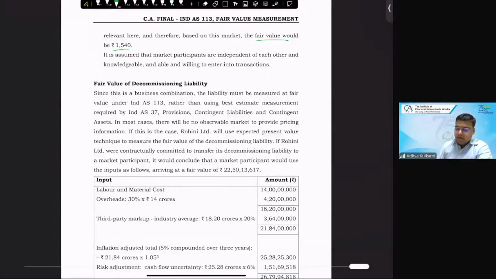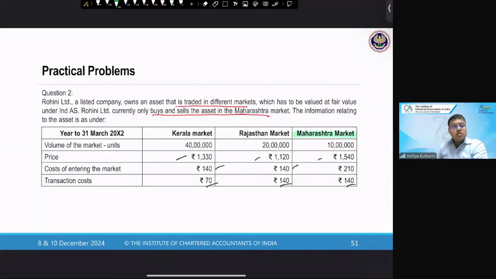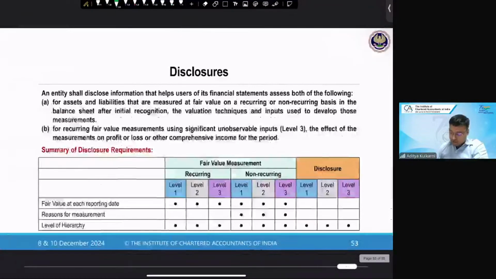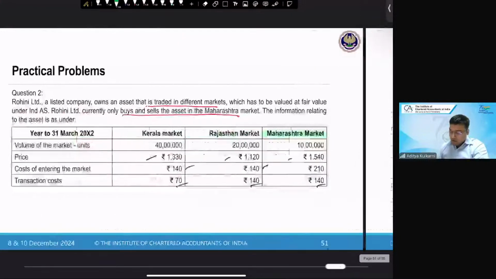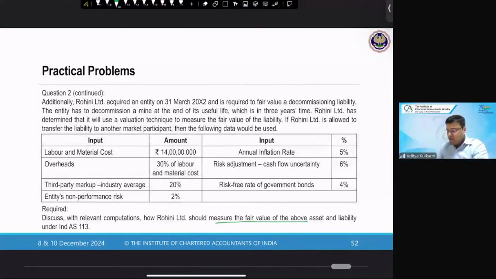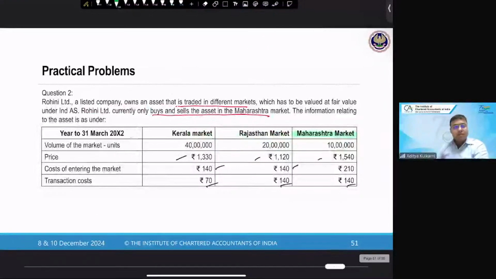It is assumed that market participants are independent of each other and knowledgeable, able and willing to enter into transactions. So that takes care of this part. So the question was how the fair value should be measured. So we have done the first part, fair value measurement.